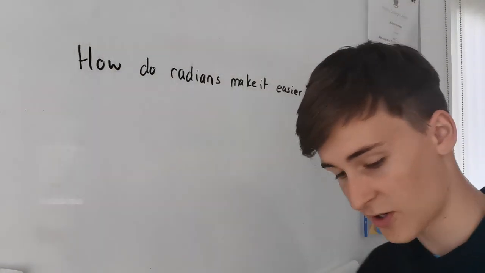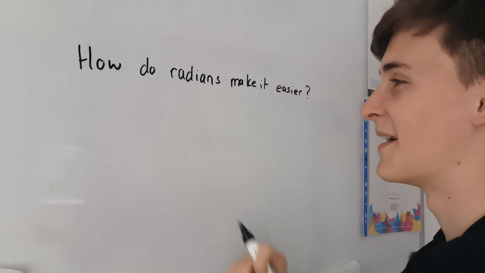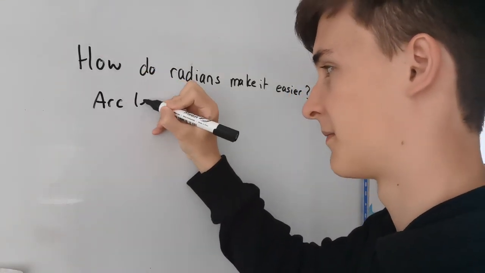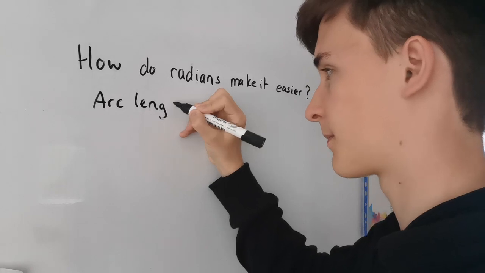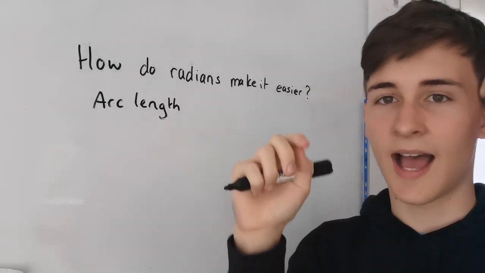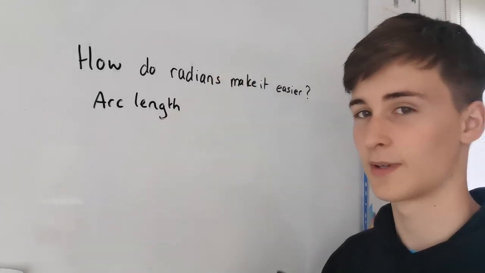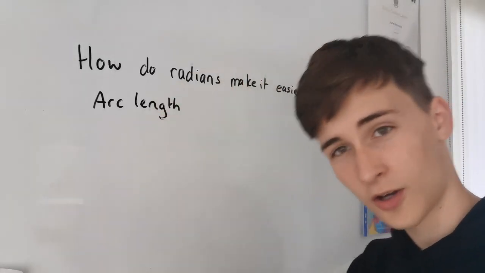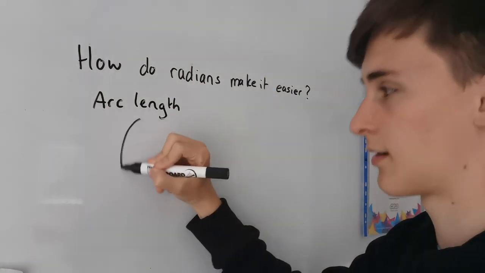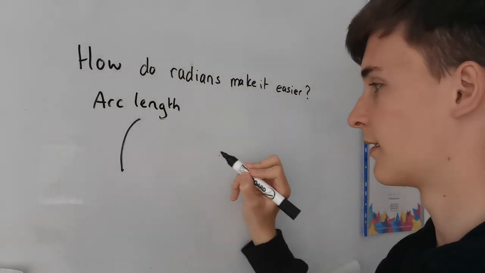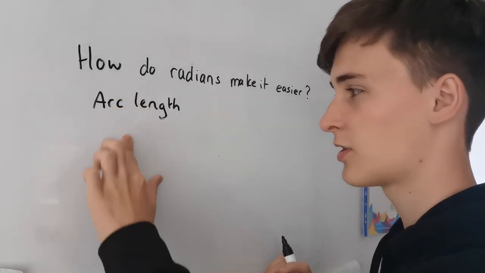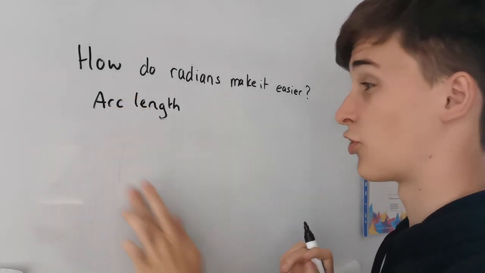The first one is arc length. What is an arc? An arc is a certain amount of circumference, and it's also arc shaped, like a part of this circle here. So what if I actually draw out an arc?